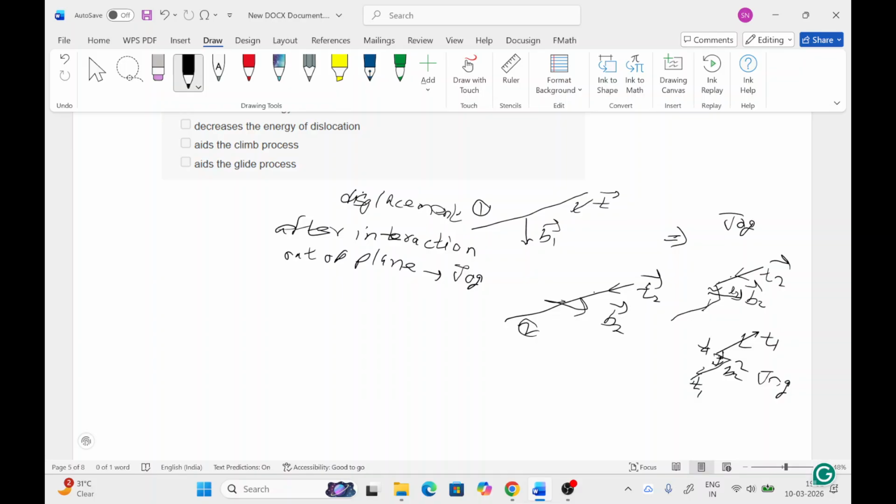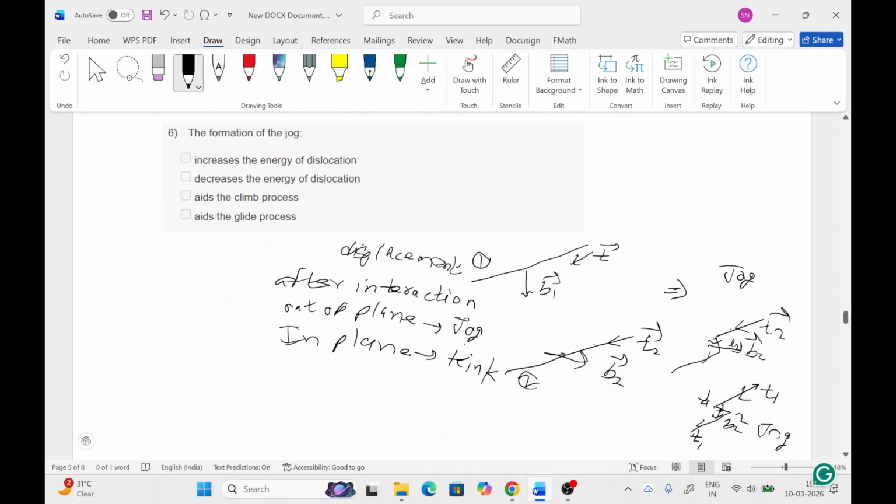When the displacement is out of plane, it is called a jog, and when the displacement is in plane, it is called a kink. The jog and kink we will discuss more in the next class. For now, this is sufficient to know.